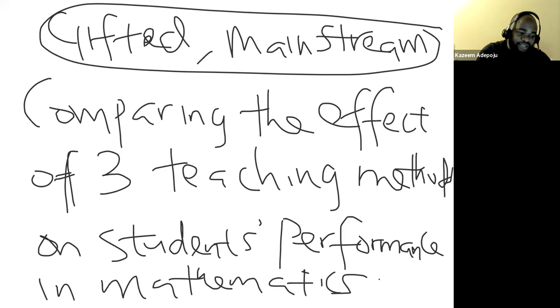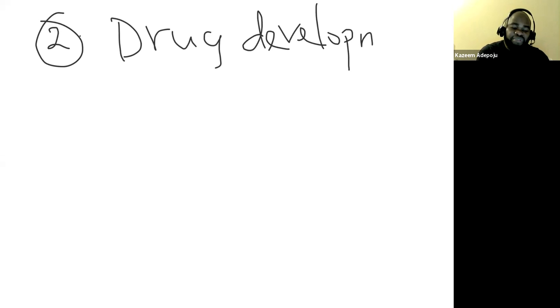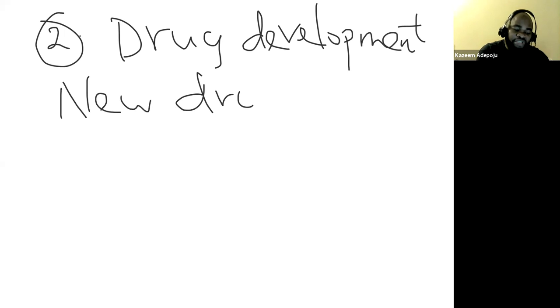The next example I want to talk about, I've given an example on education. Now I want to give an example under drug development. Under drug development, for instance, we are proposing a new drug. This new drug has levels.